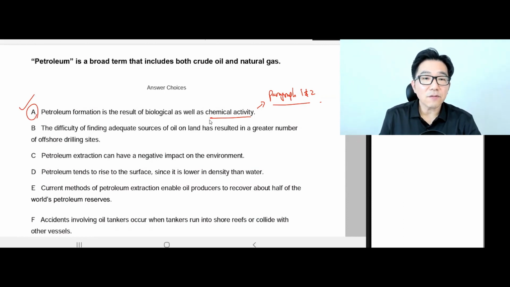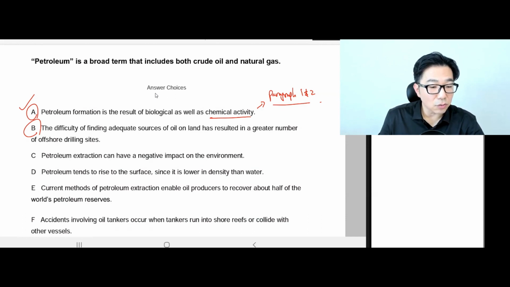B, the difficulty of finding adequate sources of oil on land has resulted in a great number of offshore drilling sites. Yeah, it's paragraph 4. Okay, as oil becomes increasingly difficult to find, the search for it is extended to more hostile environments, and it introduced Alaska and offshore exploration, trying to look for oil pools and fields under the ocean.